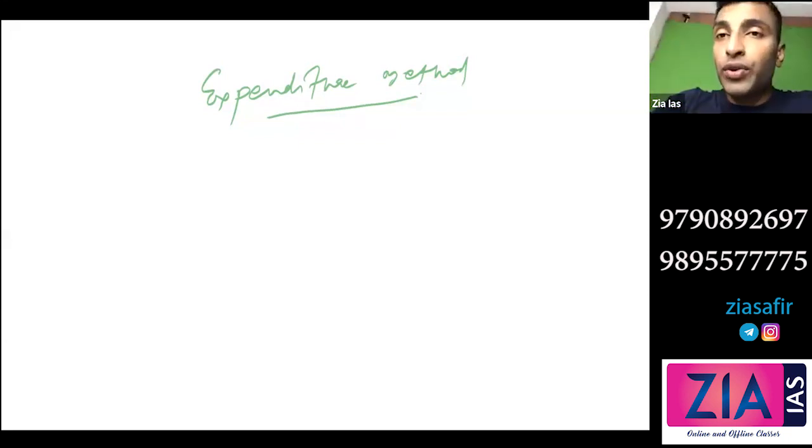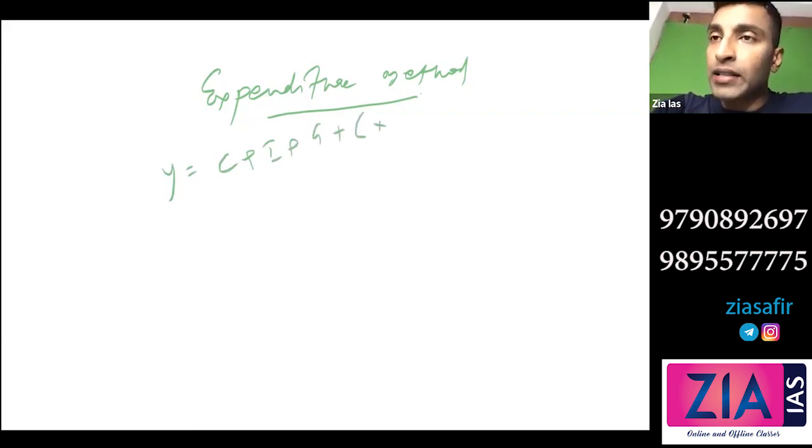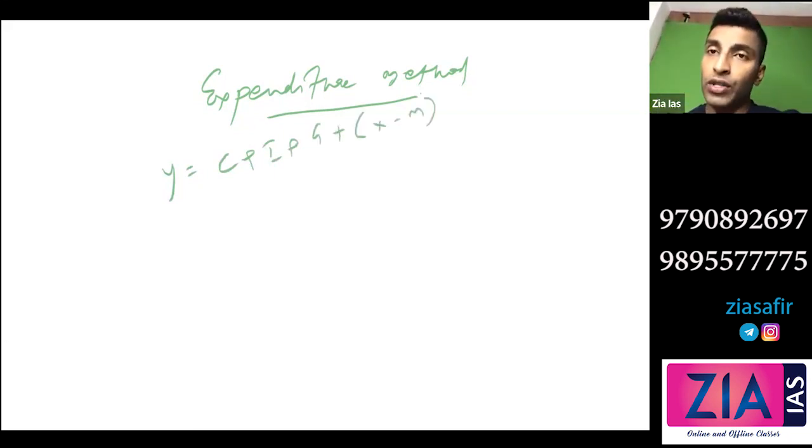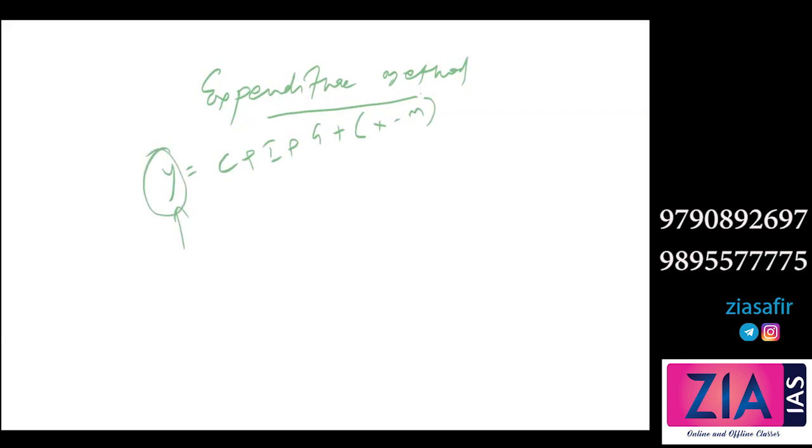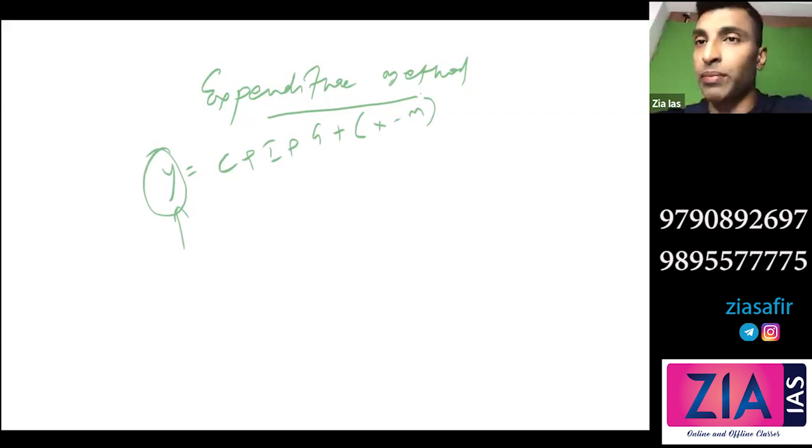Okay, so for expenditure, you can write this formula there, and I'll explain it. Y = C + I + G + X - M. What is Y? In economics, what does the symbol Y mean? Income. We discussed that in the first session itself. So we are actually measuring the income. Total income will be this. Now, what is C? This is private final consumption expenditure.